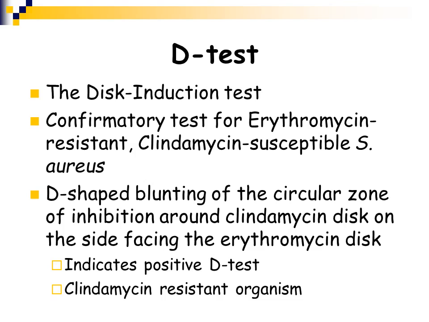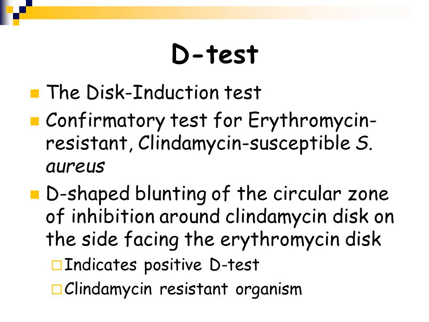So when you guys are looking at your susceptibility results for a Staphylococcus aureus isolate, when you see that it is resistant to cefoxitin, you automatically make it resistant to all of the drugs that we listed on the previous slide. But if you also see that this particular Staph aureus strain is resistant to erythromycin, but it's susceptible to clindamycin, you then need to perform a D-test.